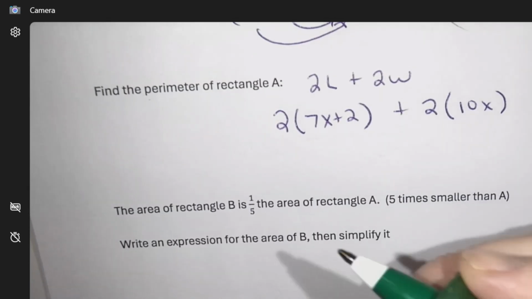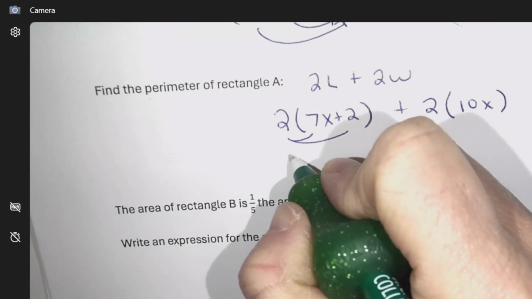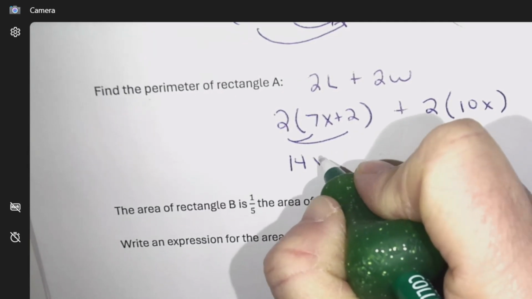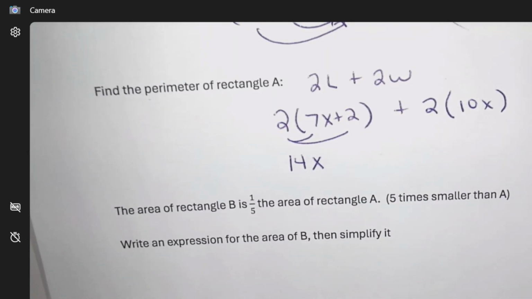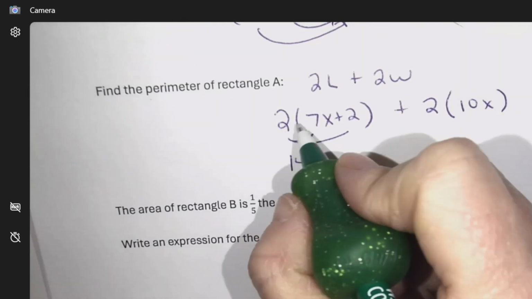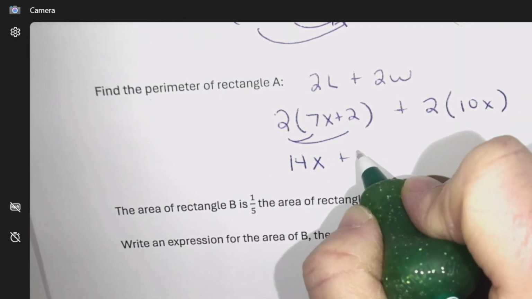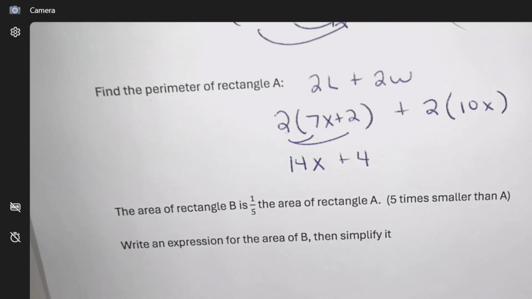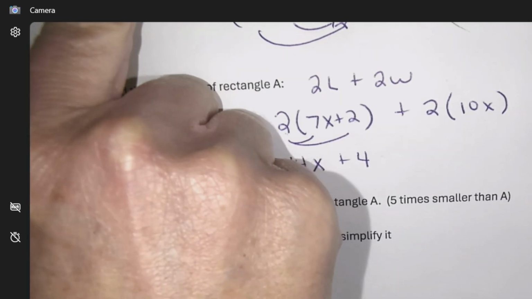Okay, so this is going to make me a distribution. So 14x, and then the next distribution is a 4. It's like doubling everything, right? You had to double that and double that.